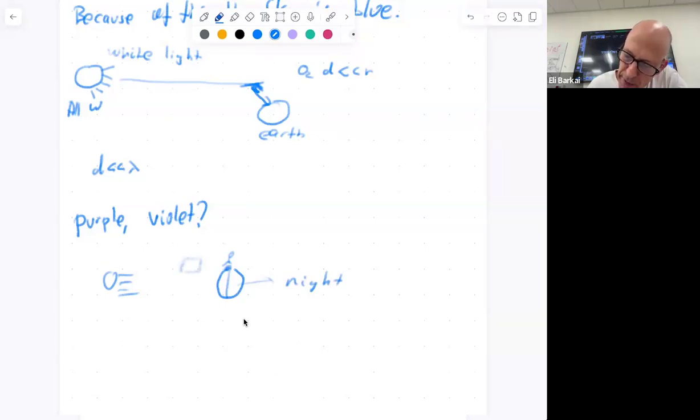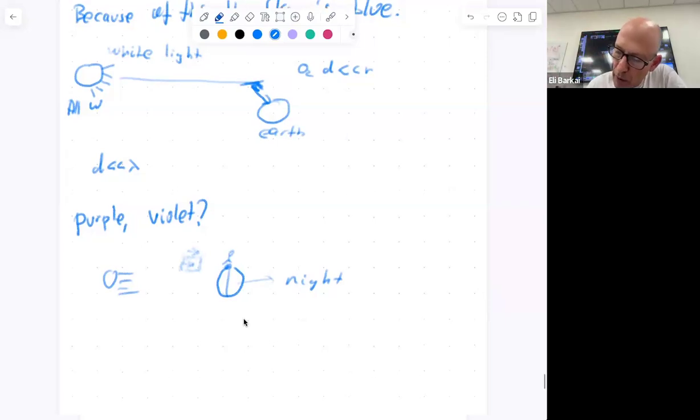Now the sun is coming through a lot of atmosphere, unlike in the middle of the day where you don't have so many scattering events. But now it comes through a lot of atmosphere because it's on the horizon. If you ask ChatGPT how much atmosphere is in this situation compared to midday, ChatGPT says 30 times bigger. 30 times more atmosphere to cross at the end of the day compared to the middle of the day.